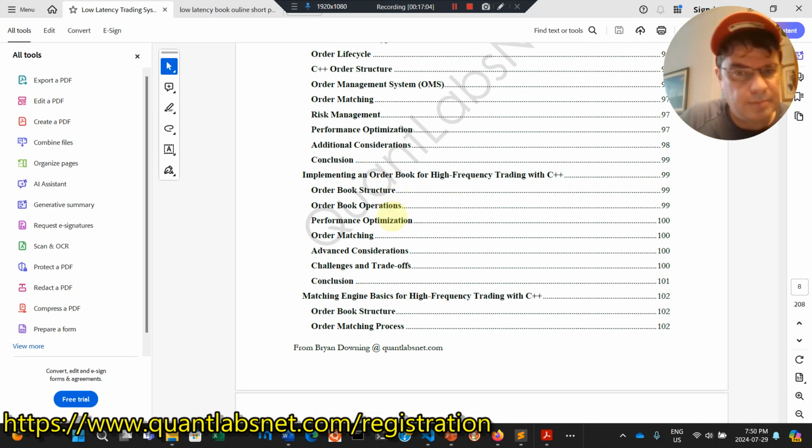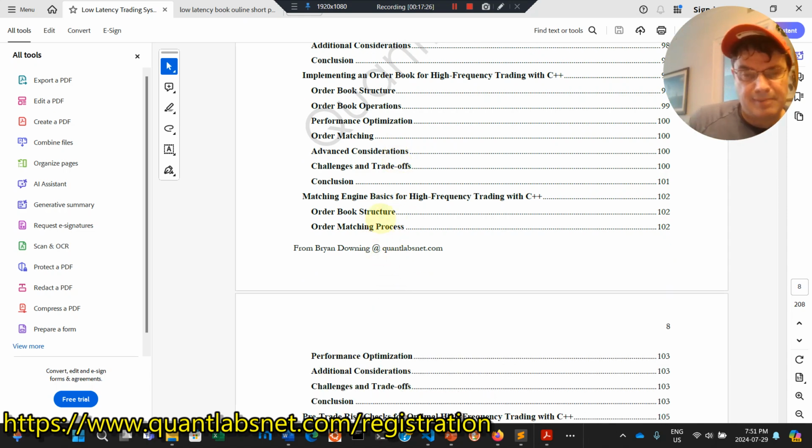Order book structure, order book operation, optimization, matching. This is the key one right here, the matching engine, which is very important, especially if you're pumping thousands of trades per minute, per second, I should say. Yes, that is a thing. Advanced considerations, trade-offs as well.